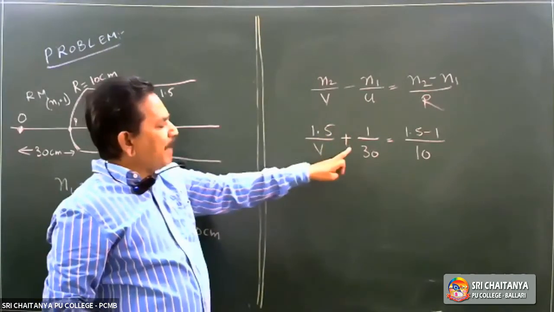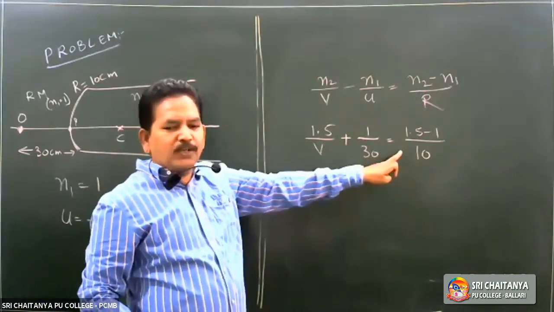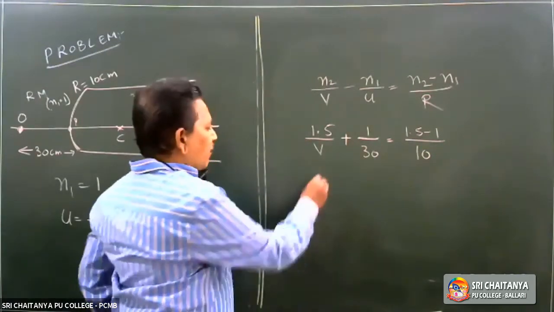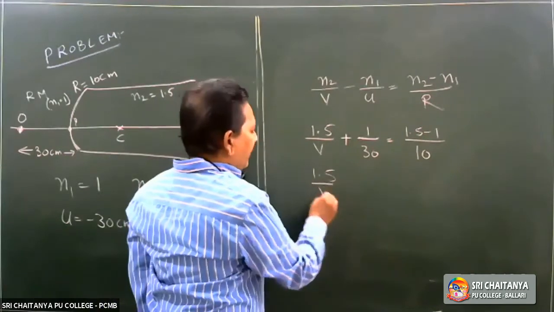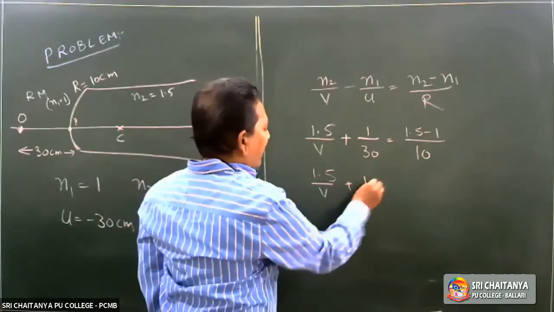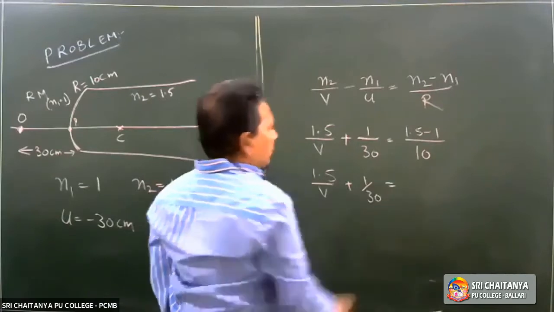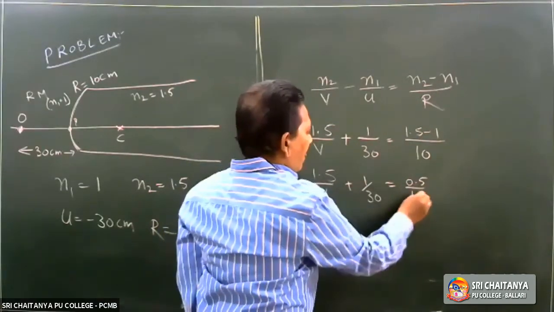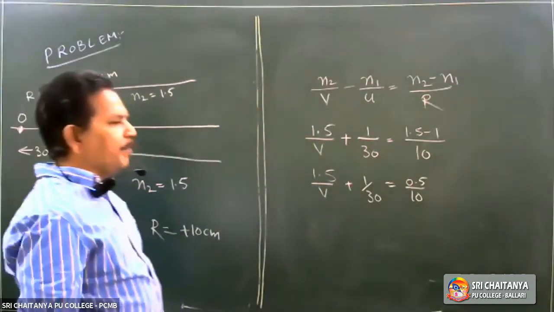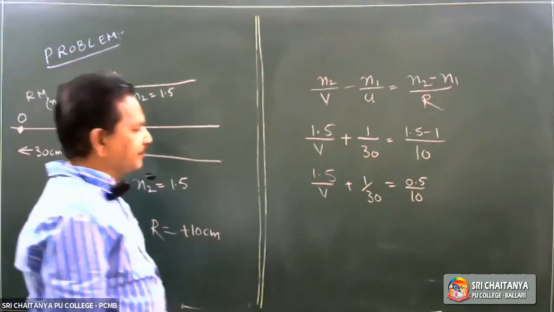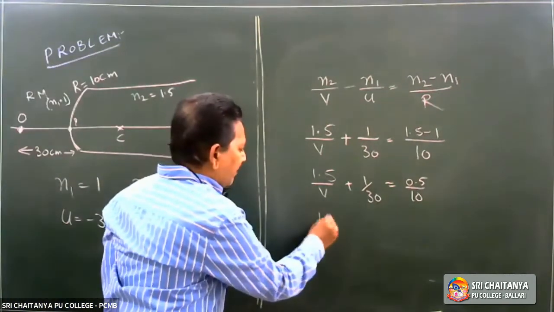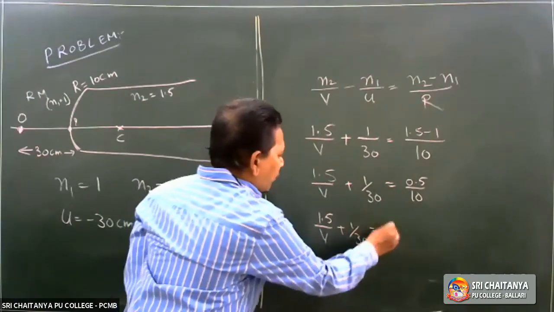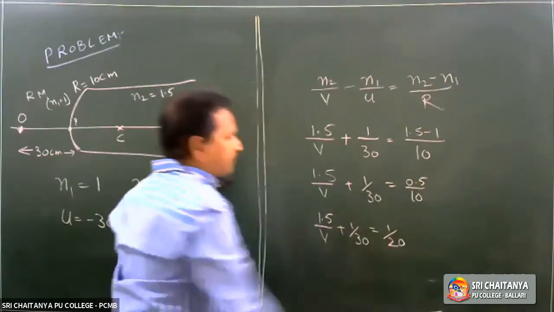So 1.5 by V plus 1 by 30 is equal to 1.5 minus 1 divided by 10, so 1.5 by V plus 1 by 30 is equal to 0.5 by 10, which is 1 by 20.